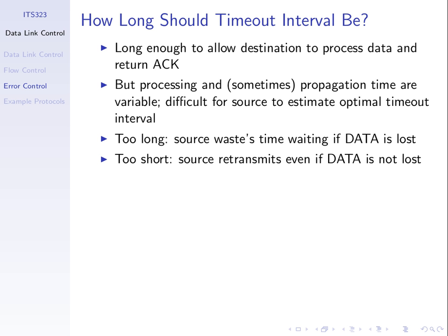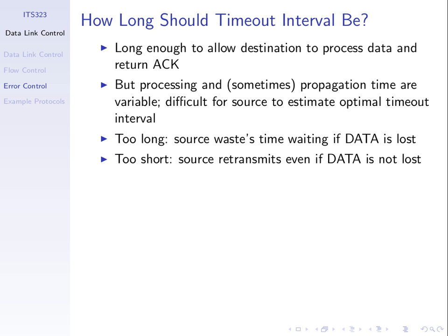So if this is the response time, propagation, ACK plus propagation, the timeout should be larger than that. But not too large, such that if we lose the data, we wait for too long. It should be larger than, or slightly larger than the time it takes the receiver to respond in the normal case.